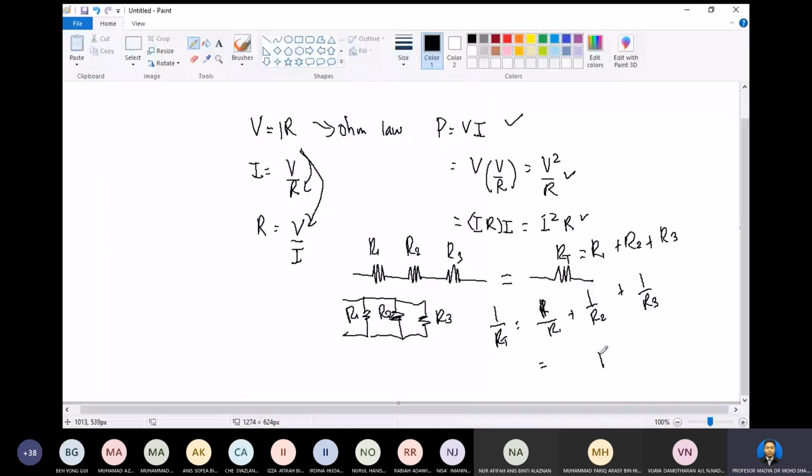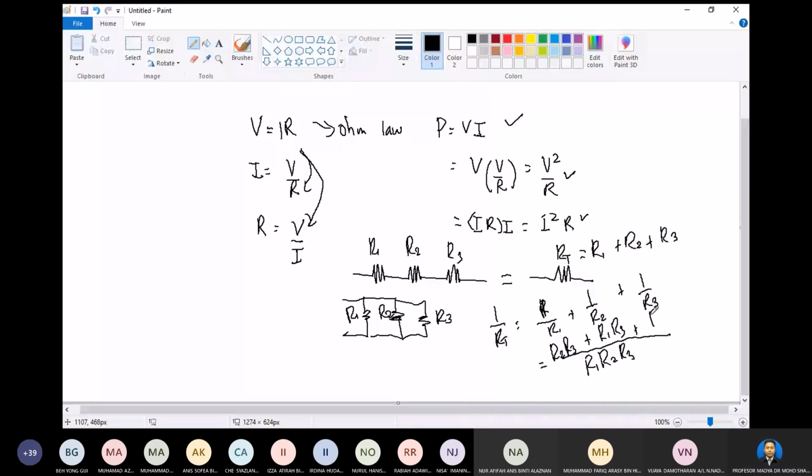Simplify to get R1, R2, R3 over R2, R3 plus R1, R3 plus R1, R2.